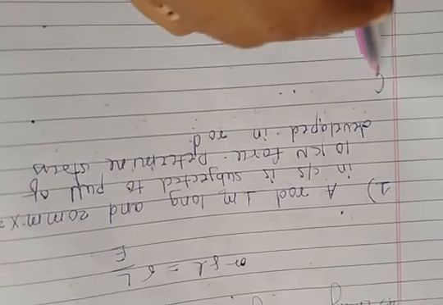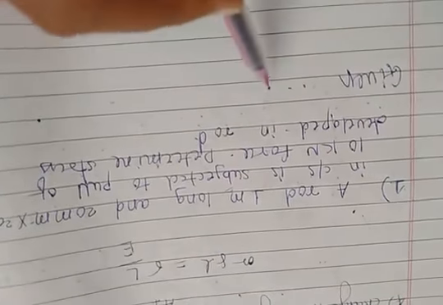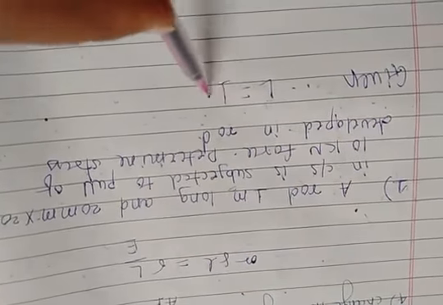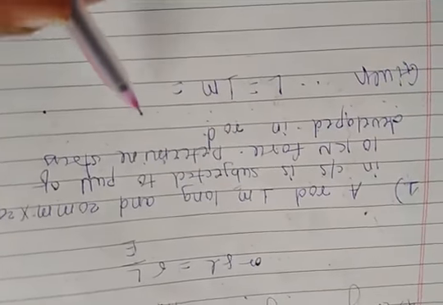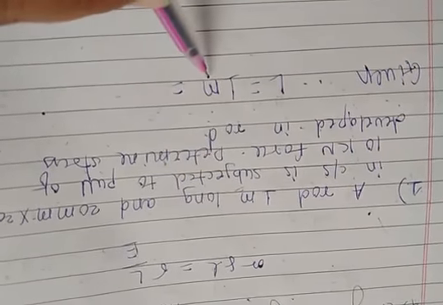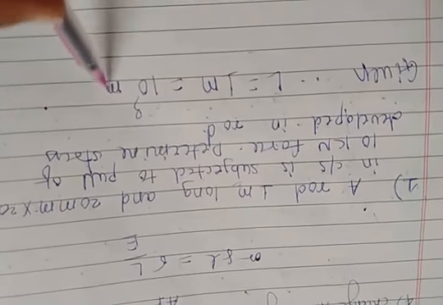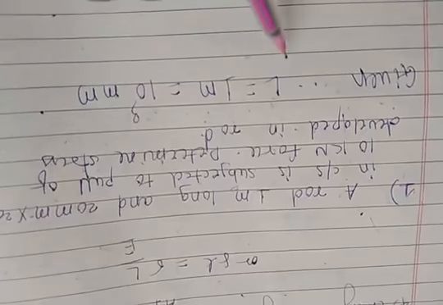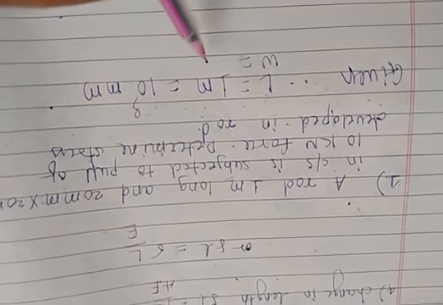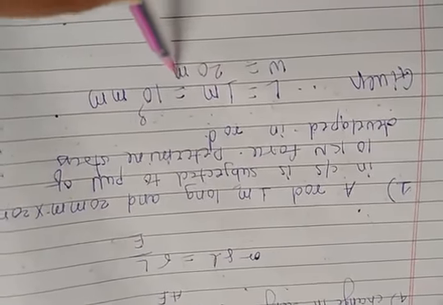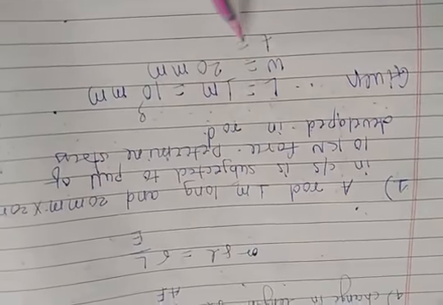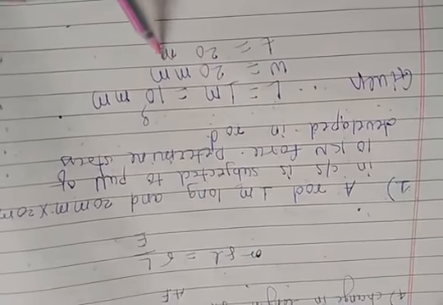First I am writing the given. The length of the rod is 1 meter, so I convert that length into mm, which is 10 raised to 3 mm. Suppose width W is given as 20 mm and thickness T is also 20 mm.